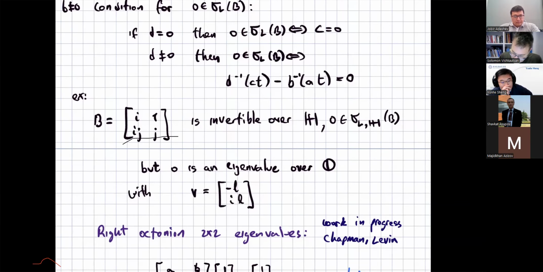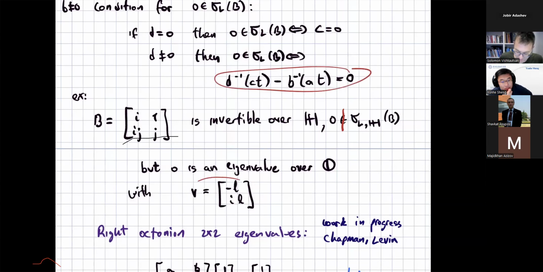I wrote zero there, but it should be not. Zero is not in the spectrum because it's invertible. Okay, I understand. But it is an eigenvalue over the Octonions. Okay, because of this, you can check that this condition is satisfied, but you can also have the explicit eigenvector. Thank you.